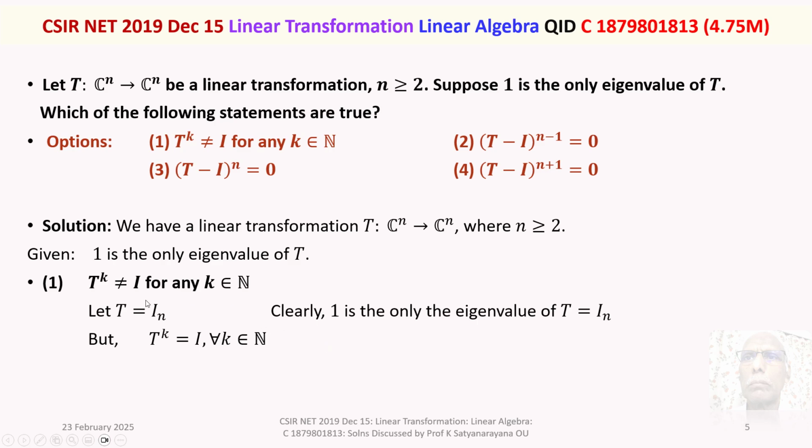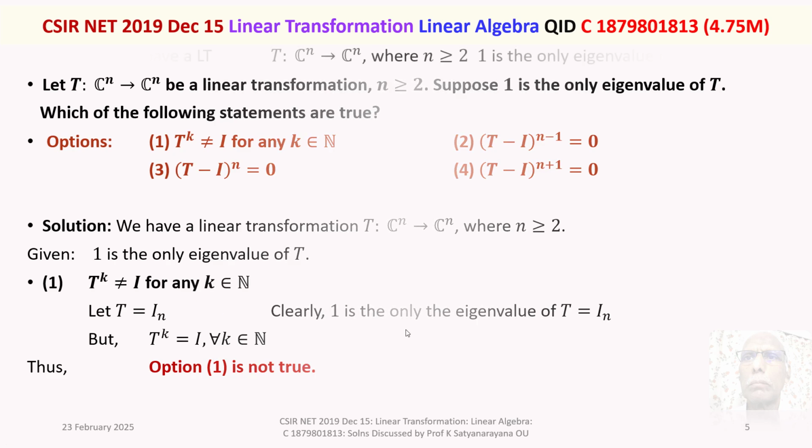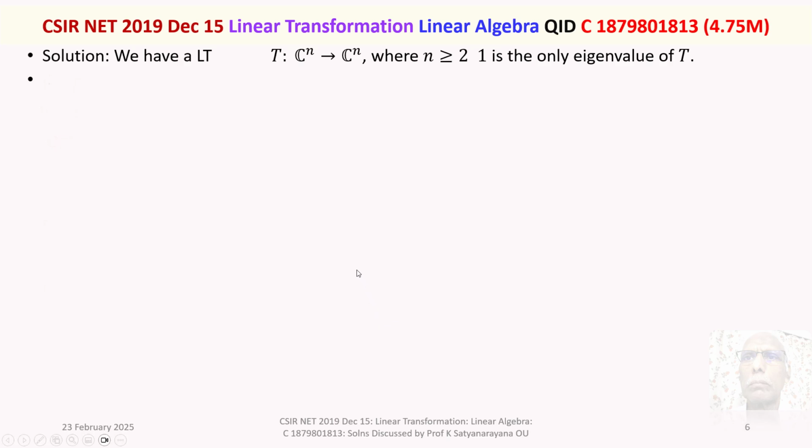But this contradicts option 1. So option 1 is not true. This is a fact: option 1 is not true when T is the identity matrix, so it is not true in general. We move on to the next options.